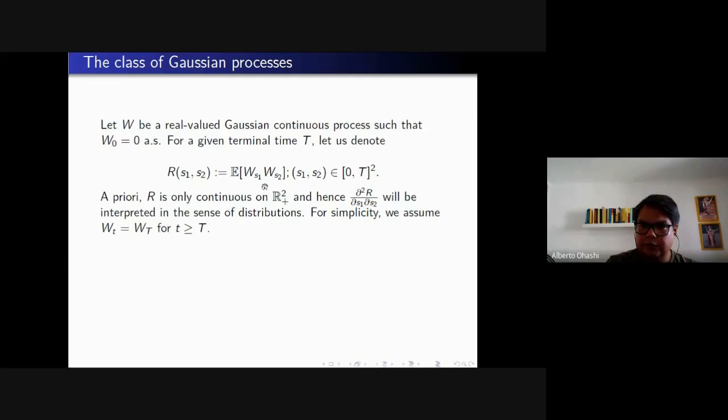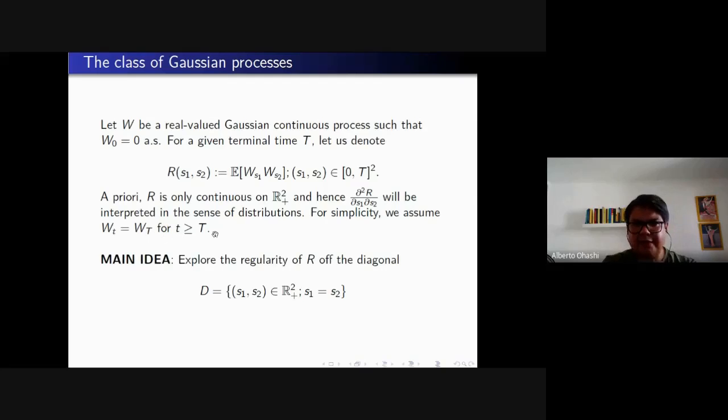So when I write this second order derivative, it's always interpreted in the sense of Schwartz distributions. And for simplicity, we work on the positive real line, rather than 0 to capital T. But capital T is fixed, so my process will always be stopped after time capital T.